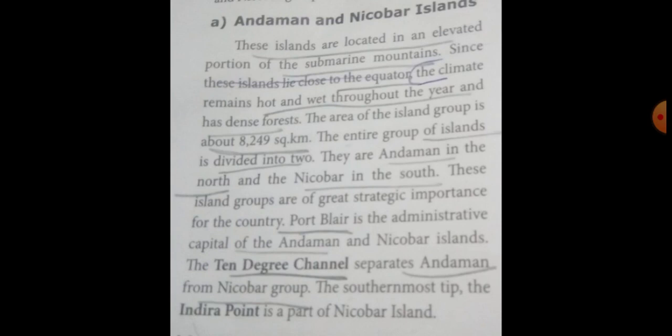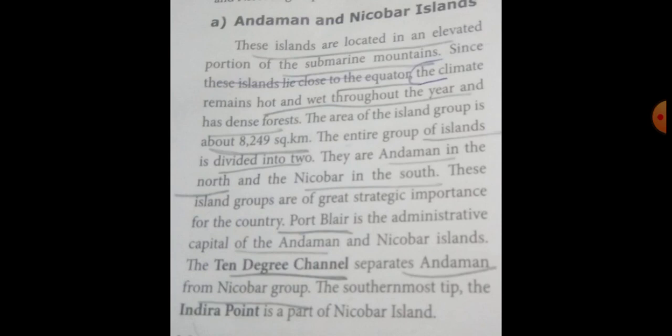This island group is divided into two, Andaman and Nicobar. Andaman is located in the north and Nicobar is located in the south. Port Blair is the administrative capital of the Andaman and Nicobar Islands.